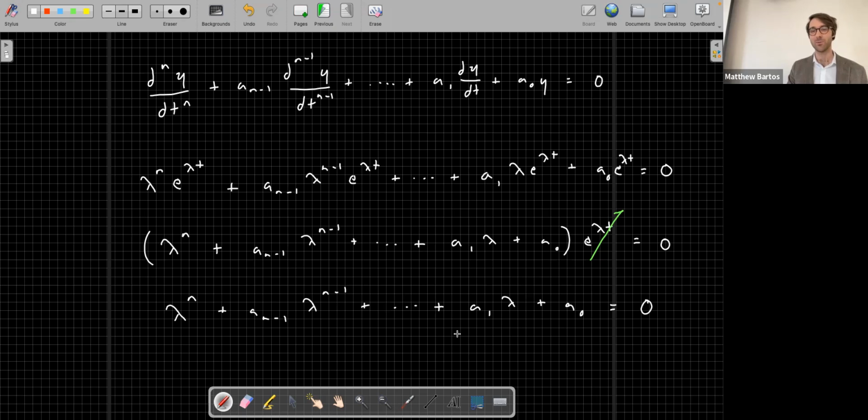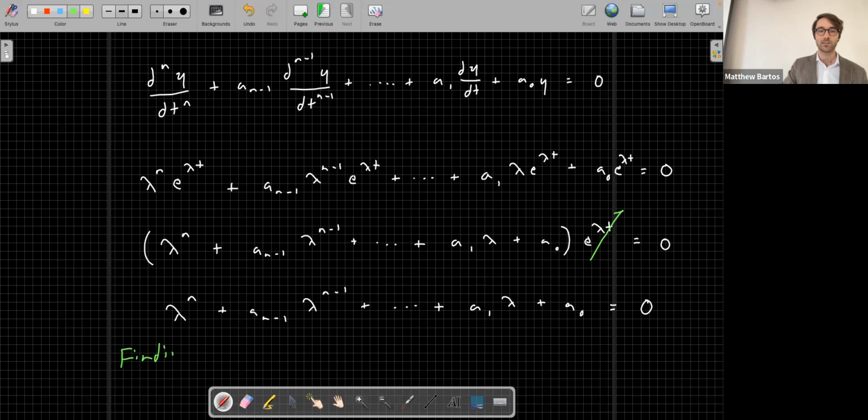First of all, how many solutions are there to an nth order polynomial? N solutions, right? So finding the solution to our LTI system is equivalent to finding the n different roots of our characteristic polynomial. Okay, so let me write that out.